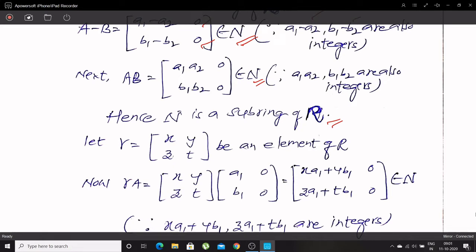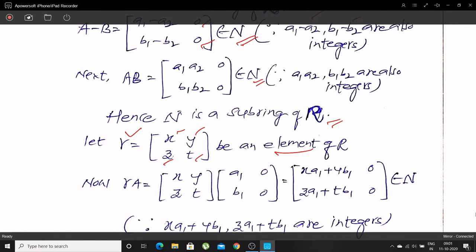Let me take a matrix of the type X, Y in the first row, Z, T in the second row. I'll denote this matrix by the letter R, I mean the element R is an element of R.